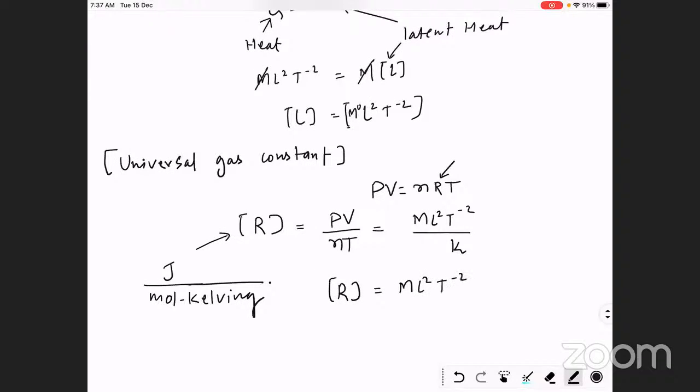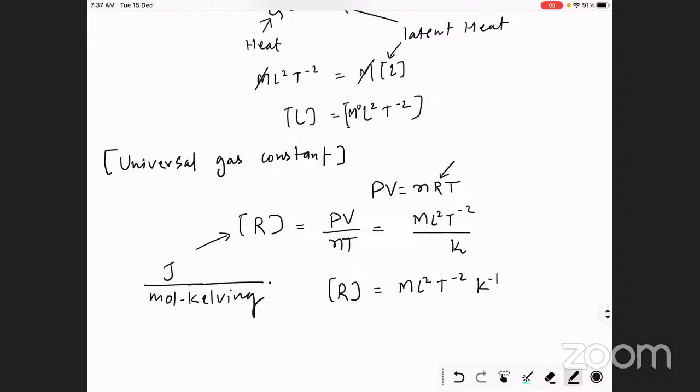Number of moles, mole, we write it, but it is a unit. No need to write a dimensional formula for that. Mole has no dimension, it is just a symbol, like the name of a unit such as kg, meter.